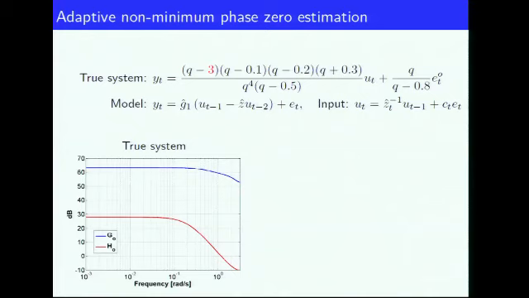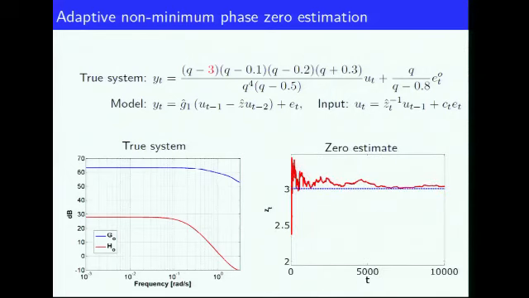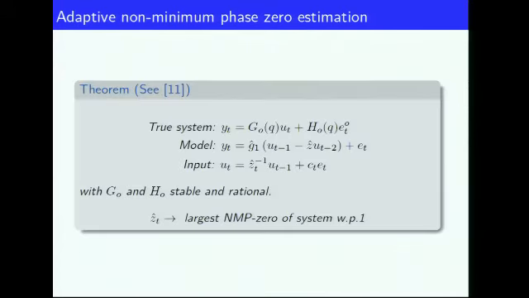I have a simple two-parameter model and I use this adaptive experiment design. If I plot the estimate of the zero of this model, which is this Z hat, it converges to the true value, and I can in fact back that up by a theorem.